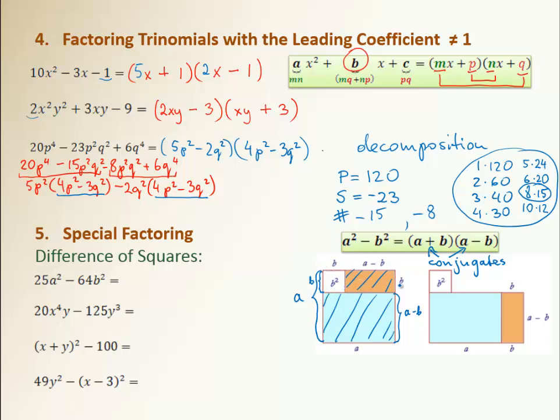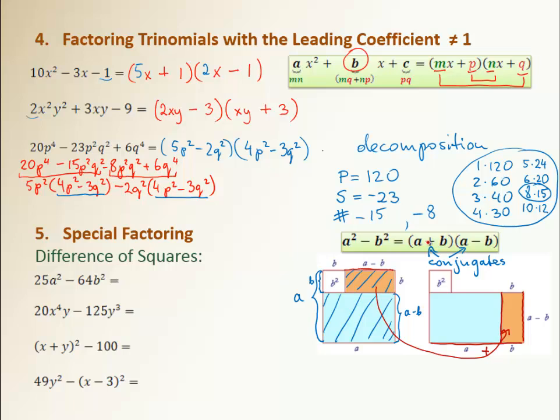Now this area can be rearranged, and if you position the brown rectangle on the side of the green rectangle, then notice that this distance is your a minus b, so it will exactly match the side of the green rectangle, which was a minus b, and therefore the area, which is a composition of green and brown, is actually a plus b times a minus b. So that's a geometrical interpretation of the difference of squares formula.